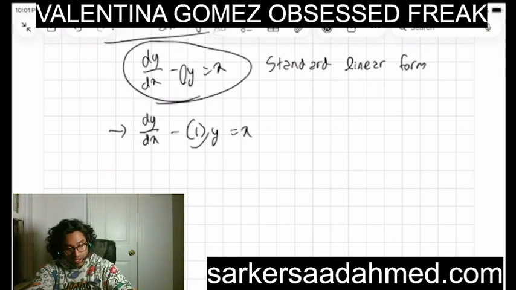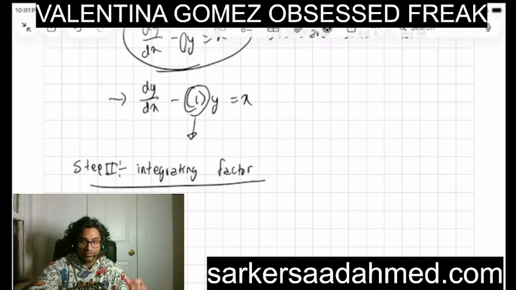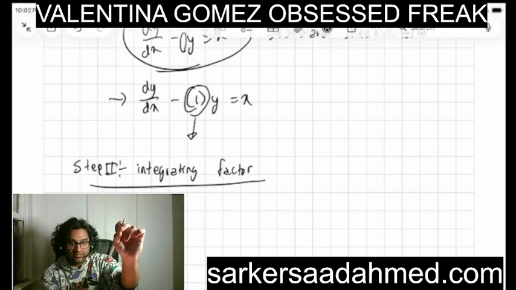And this minus 1 ends up as what we call the integrating factor. The only reason we are going to use this as an integrating factor is because we want to multiply the entire thing by an exponential, the exponential of that integrating factor.